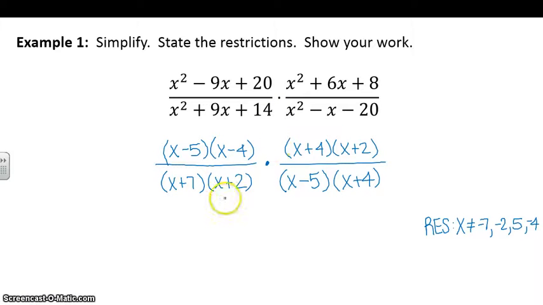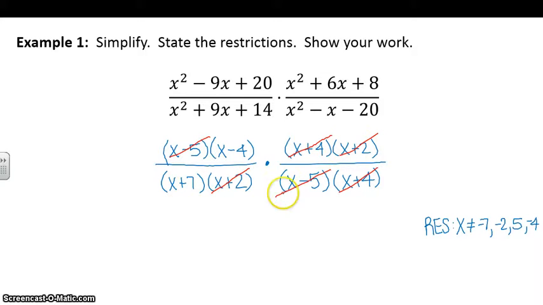Okay, next, then we get to cancel things out. You can cancel straight up and down. So if you look in this fraction straight up and down, we can get rid of the x plus 4s. In this fraction, straight up and down, nothing. We can also cancel along diagonals. So there's that and that. And then on this diagonal, we can get rid of that and that. Okay?